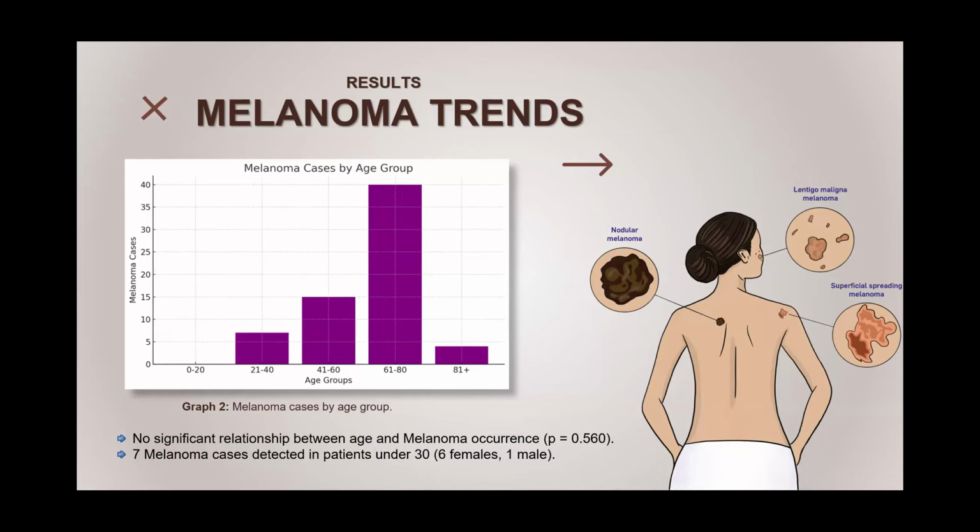So this is important data because, as I told you, we are used to getting skin cancer in advanced ages, especially melanoma. But what we see is that we have melanoma even in age groups younger than 30 years old. So there might be many factors which contribute to this number of melanoma in younger ages.